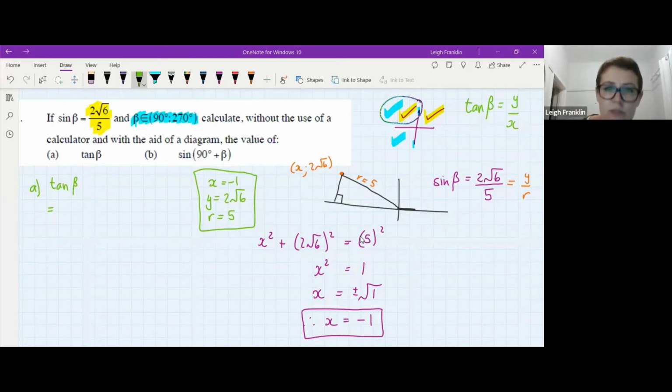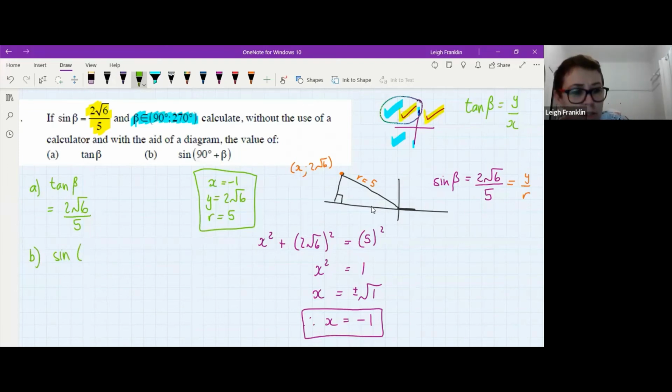Opposite over adjacent, y over x. You can leave your answer as a square root, but in this case, because 1 is a perfect square, we don't need to. So y over x will be written as 2 root 6 over 5. Okay, there's our answer.